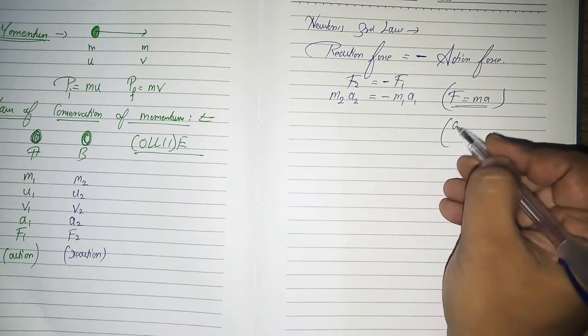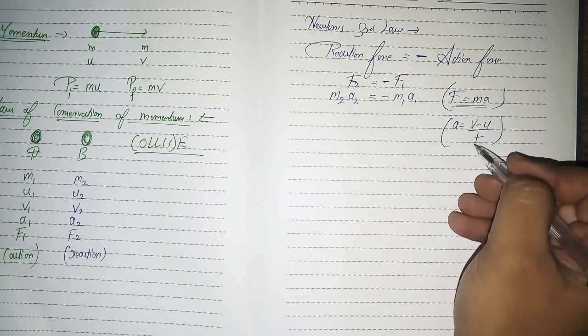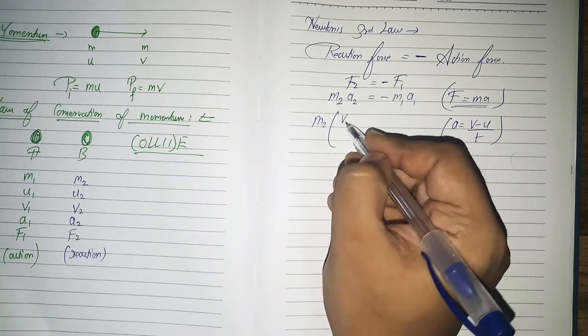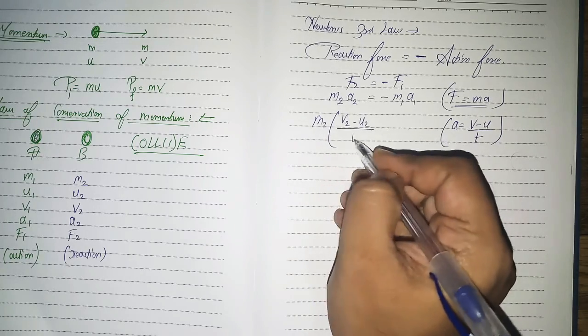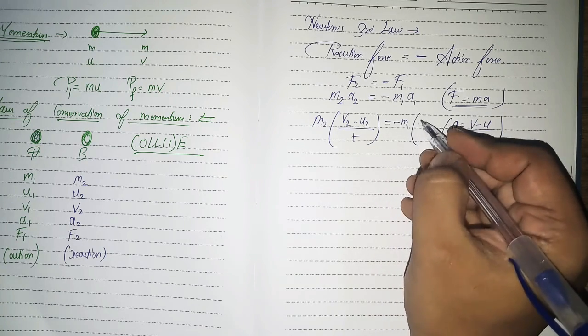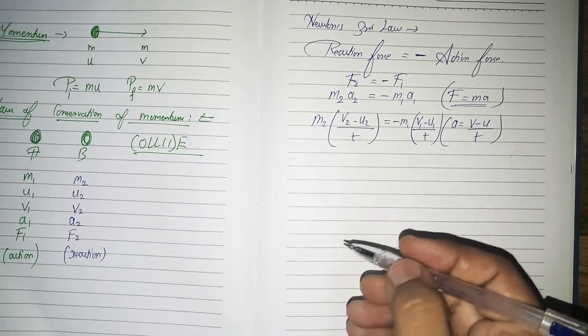We already know that acceleration is rate of change of velocity, right? Change in velocity upon time. So what will be a2? a2 will be v2 minus u2 upon time. m1, what is a1? a1 is v1 minus u1 upon time.